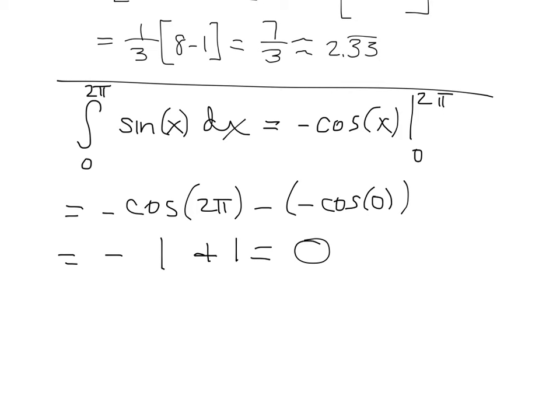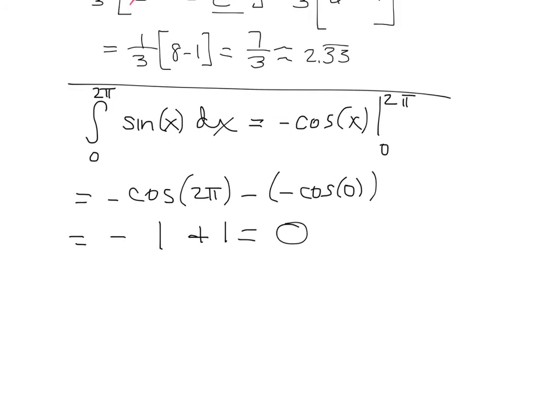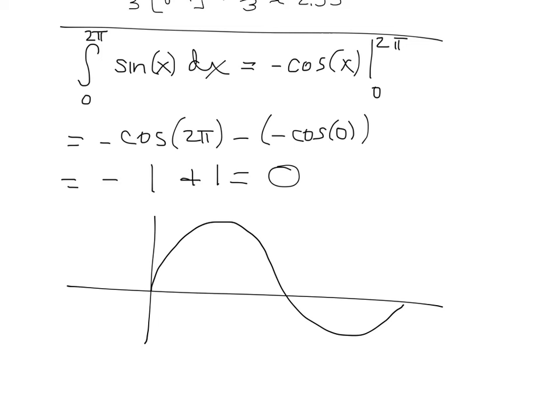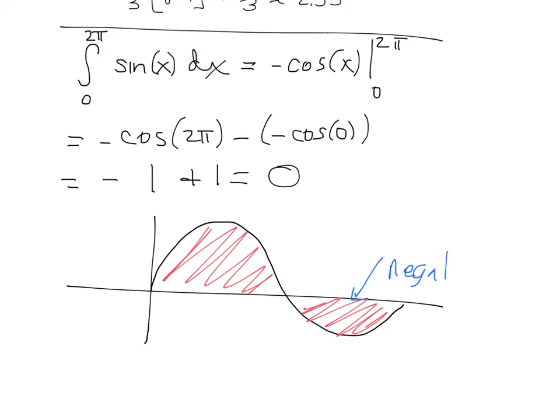So what ends up happening here is you have to be careful with these. If you look at this graph, what happened is this area and this area canceled out, because this ends up being negative area that canceled out with this positive area.